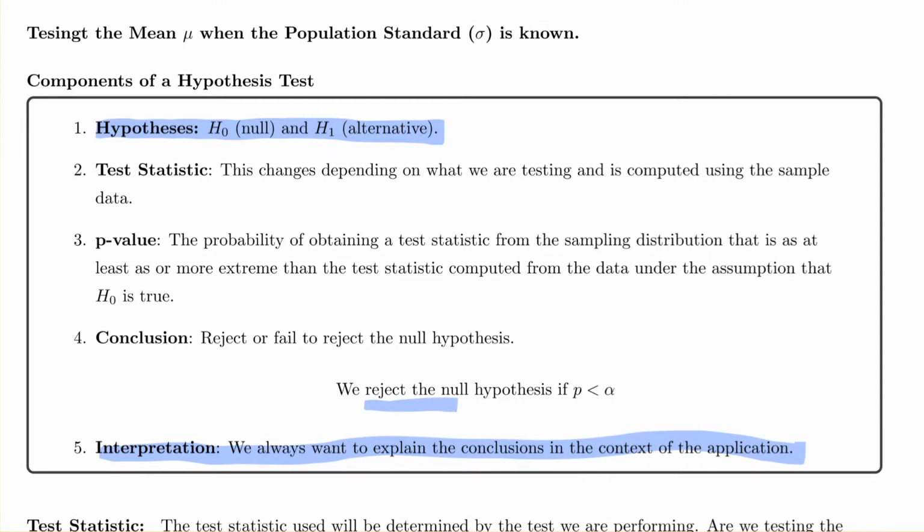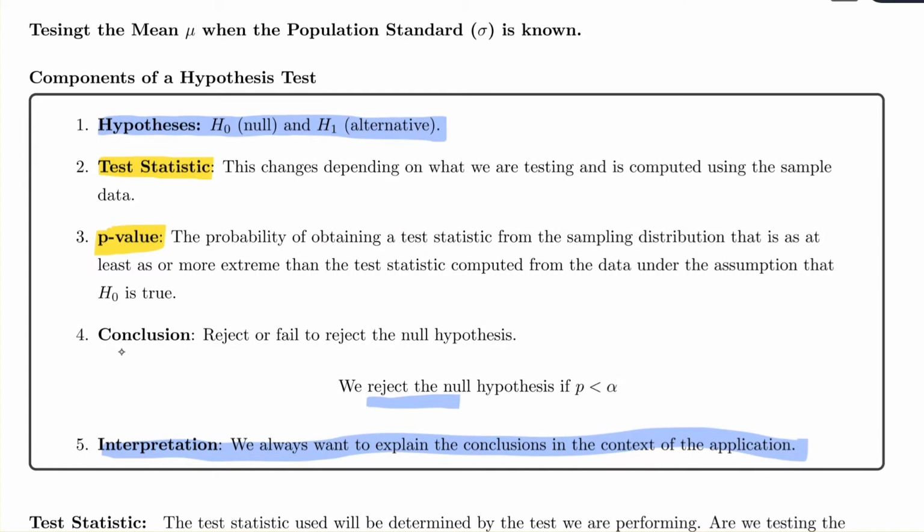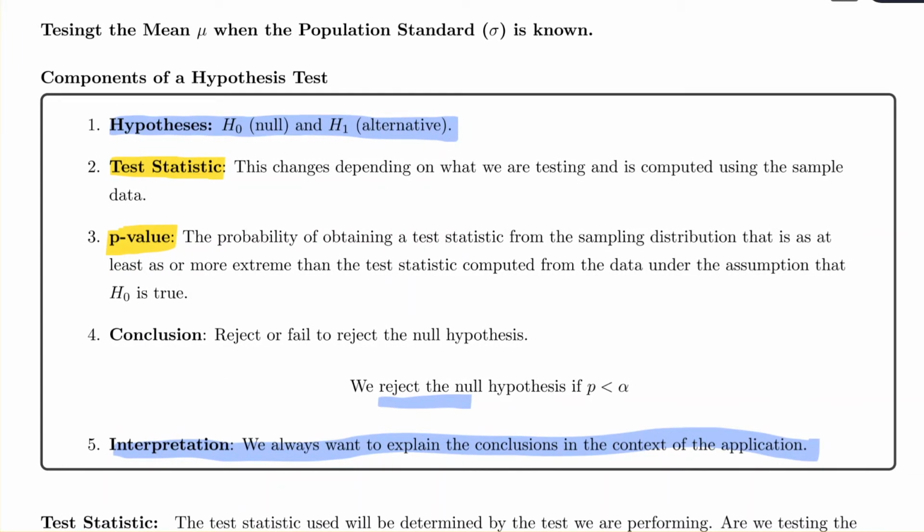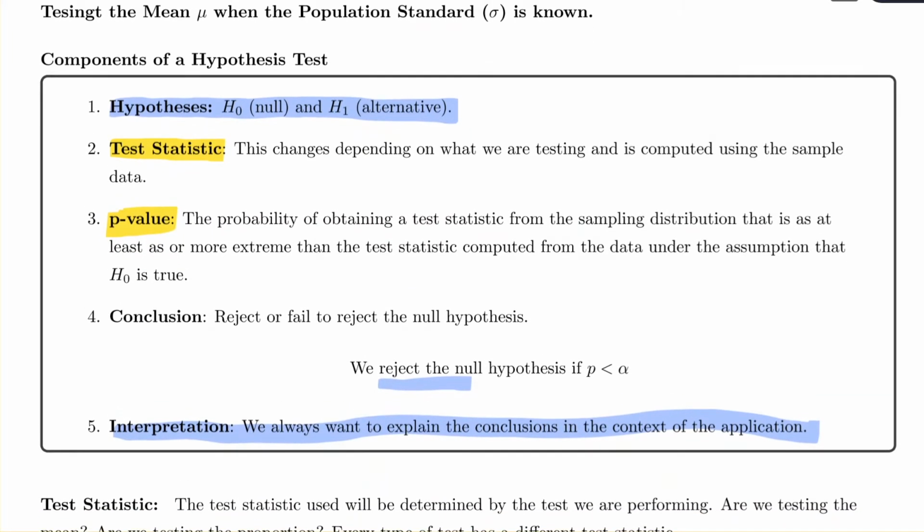So we looked at the setting up part and the conclusion part in an earlier video. Today we're going to look at how to calculate the test statistic, which will give us the p-value, which can help us find the conclusion. So it follows all these steps.